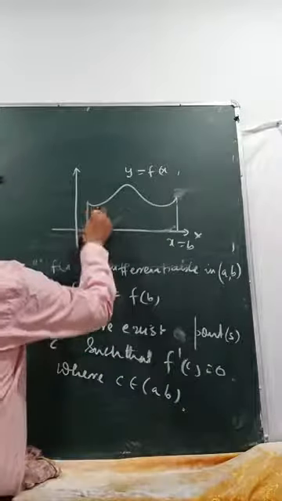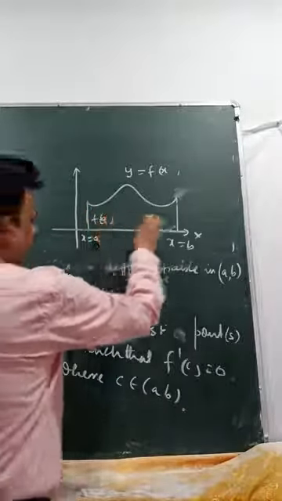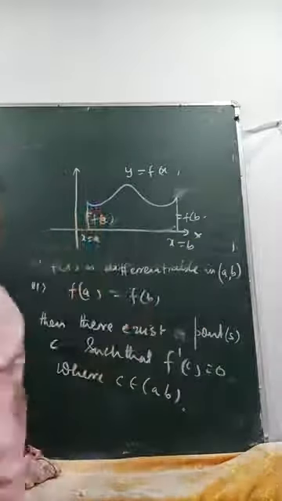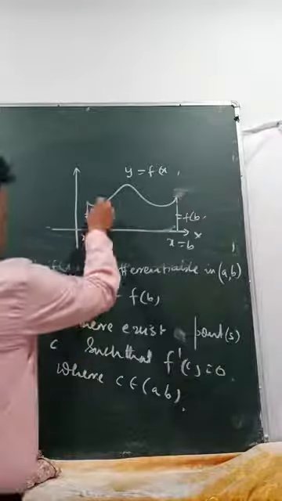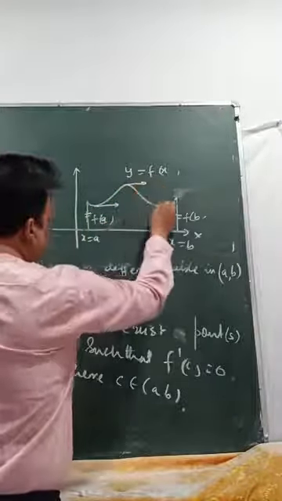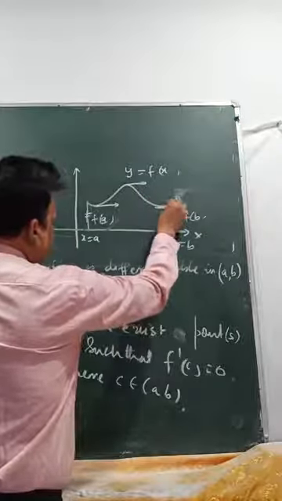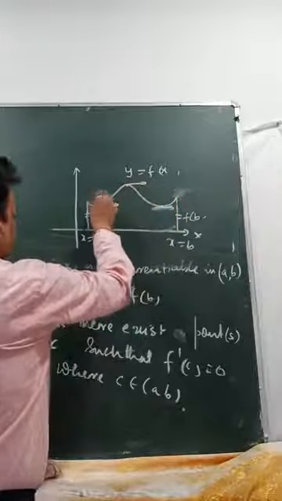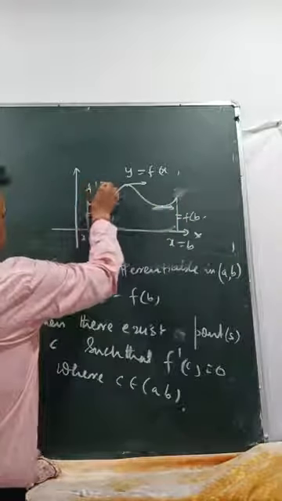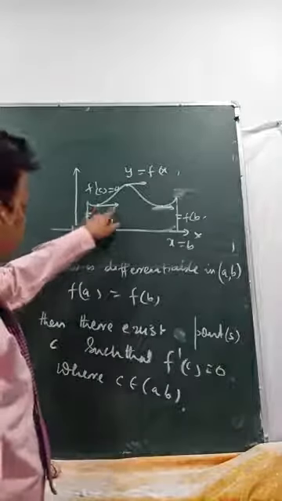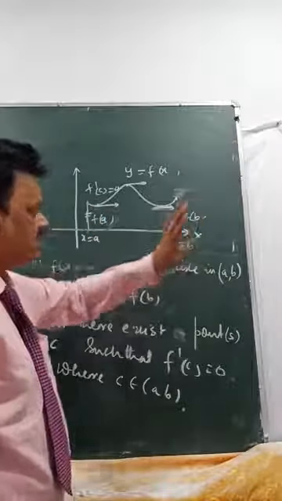This is your f(a), this is your f(b). These 2 also should be equal. Then you find there exist point or points like this. You are searching these points where f dash c equals 0. Means tangent at this point will be parallel to x-axis.